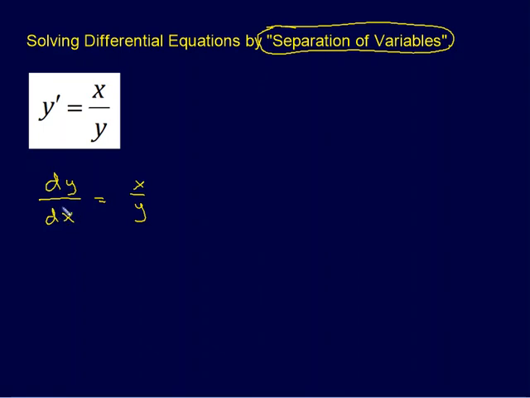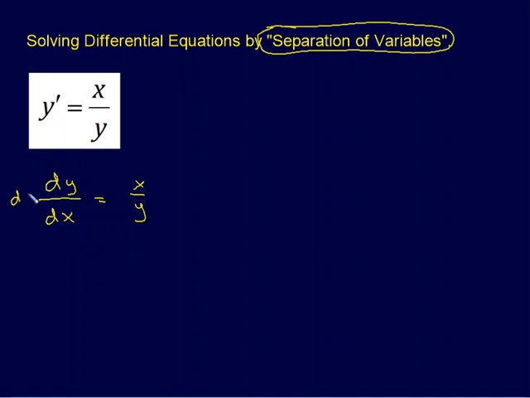So my goal in the next step is to separate the components of this equation so that everything involving y and dy appear on one side of the equation, and everything involving x's and dx's appear on the other side. So for example, I'm going to treat dy and dx as separate quantities.